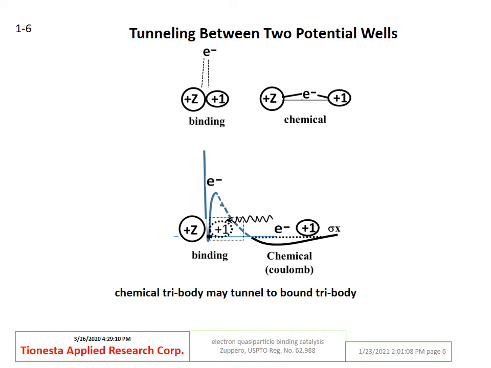So a Gamow-like estimate shows that the chemical species can tunnel to a bound species. The bound species is a new nucleus or a new molecule. It does so with a small but useful probability. For hydrogen binding to nickel, the probability during the lifetime of the crystal momentum phonon is about 30%, and the mass threshold is about 35.